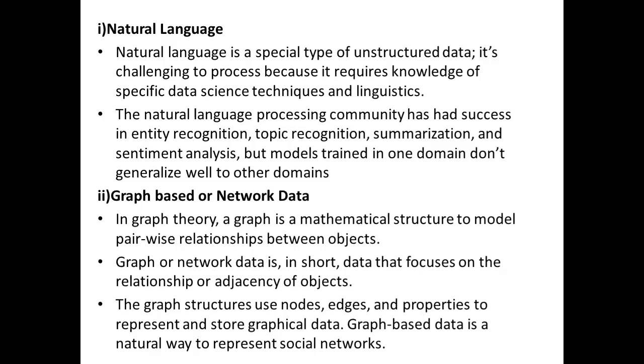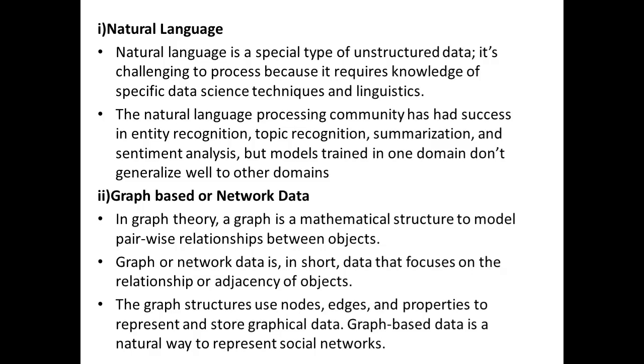Then graph-based or network data. In graph theory, a graph is a mathematical structure to model pairwise relationships between objects. So graph or network data is, in short, data that focuses on the relationship or adjacency of objects. The graph structure uses nodes, edges, and properties to represent and store graphical data.